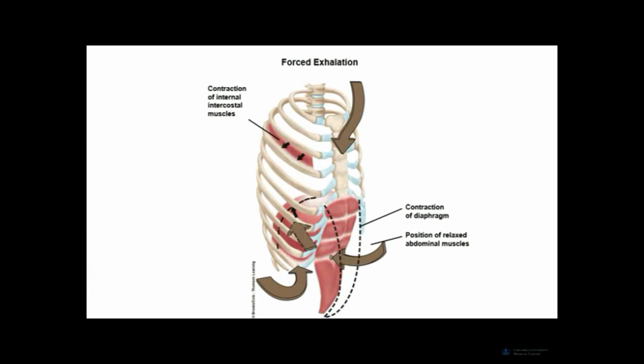And then very importantly are the abdominal muscles for forceful exhalation. Because when they contract, okay, the abdominal muscles push in, and they push on the abdominal viscera, which displaces the diaphragm up. So the diaphragm's not contracting, it's just getting pushed into the thoracic cavity.